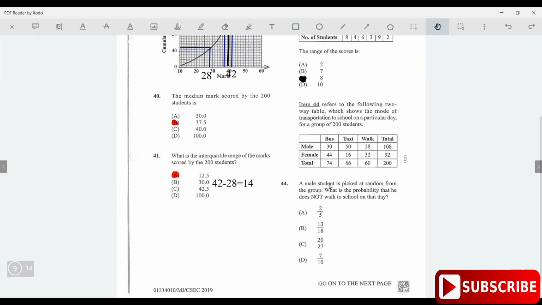Given that he's a male, 28 males walk, so that means 80 males don't walk. So the chance of him not walking is 80 over 108. We can simplify this by dividing both by 4 to get 20 over 27. Nice.